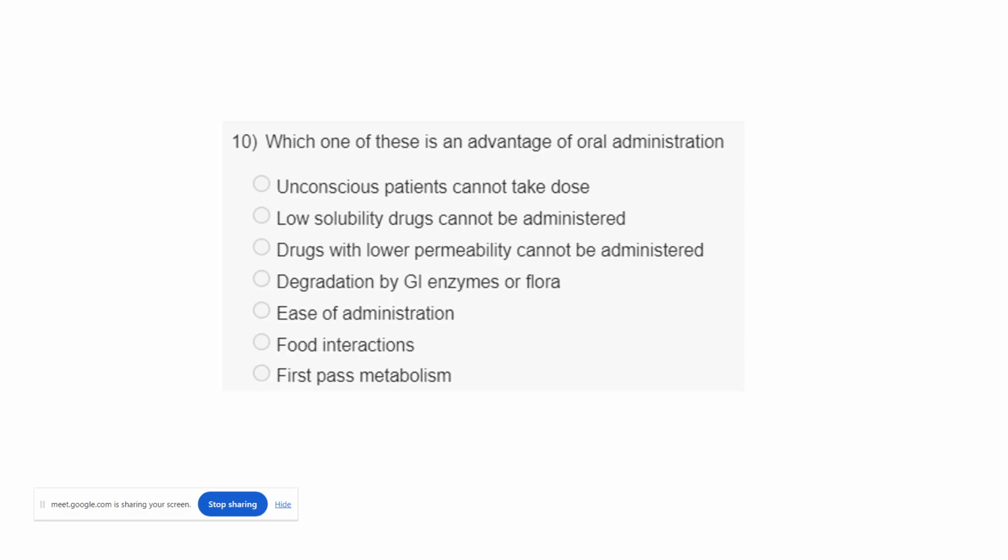Okay, here is the 10th question. Which one of these is an advantage of oral administration? Option 5. Okay.